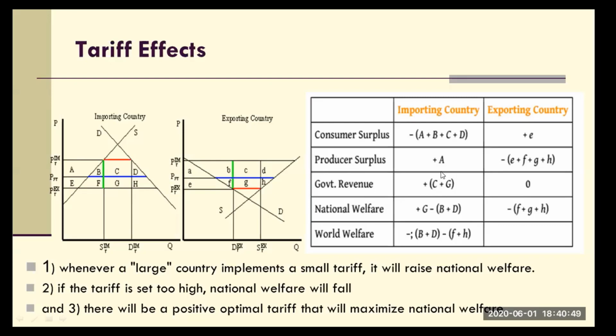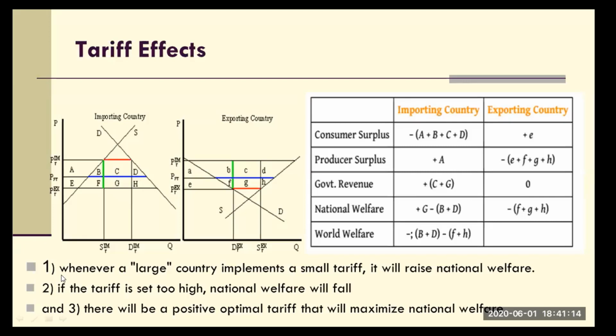Government revenue, for the importing country, they are gaining, it shows positive. For the exporting country, it's 0. The national welfare is G minus B plus D. On the other side, in the exporting country, it shows this one. And the world welfare also shows negative.